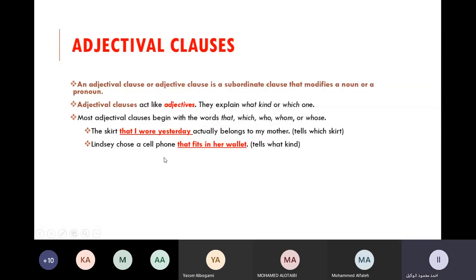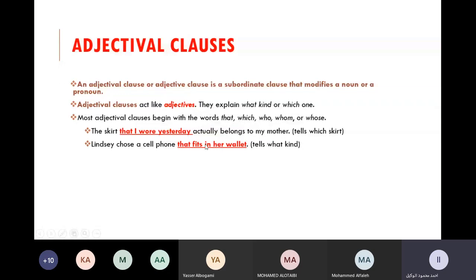Just to describe which phone, what kind of phone did she choose. So that fits in her wallet is just describing the phone. But I can't just take the whole sentence away and be satisfied with that fits in her wallet. If I told you just that fits in her wallet, you would just tell me, I don't know. Right? So this is the meaning of subordinate clause.